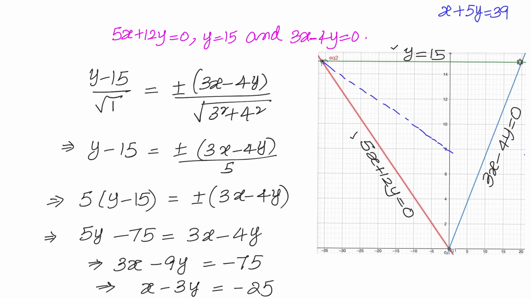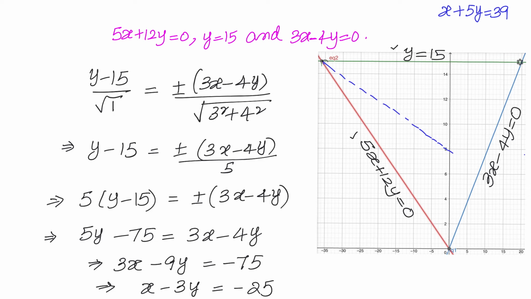Now let's look at the y-intercept of this line. If I put x equals 0, I have 3y equals 25, y is 8.33. So that is exactly coming like the same point as earlier. So this is the correct angular bisector equation we are looking for.